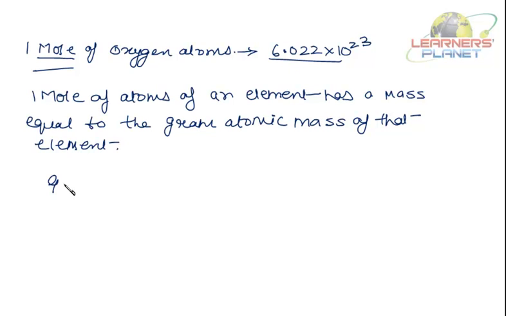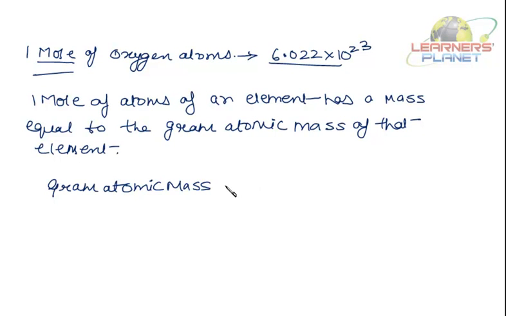Say for example, gram atomic mass is a very, very important concept, students. It's simple, but still it's very important. Gram atomic mass of carbon will be equal to 12 grams. Because what is gram atomic mass? It is the amount of substance whose mass in grams is numerically equal to the atomic mass.